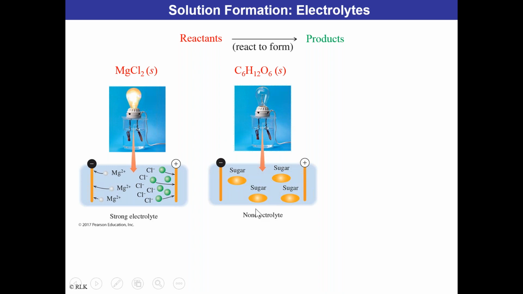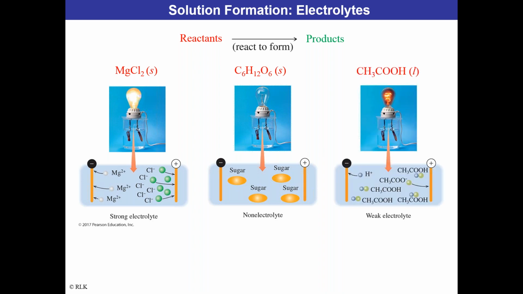It is polar and it's interacting with water, which is also polar, but they're really just hydrogen bonding forces, not the ion-dipole. The ion-dipole forces are stronger than the hydrogen bonding intermolecular forces, and because nothing is dissociating and no ions are being created, you're not going to get that illumination. So this would be considered a non-electrolyte.